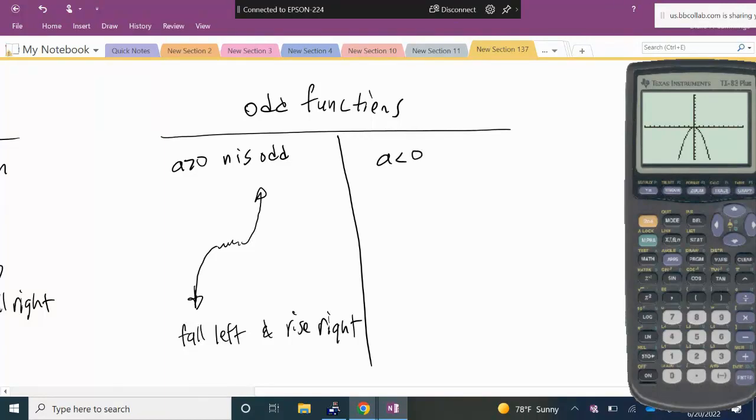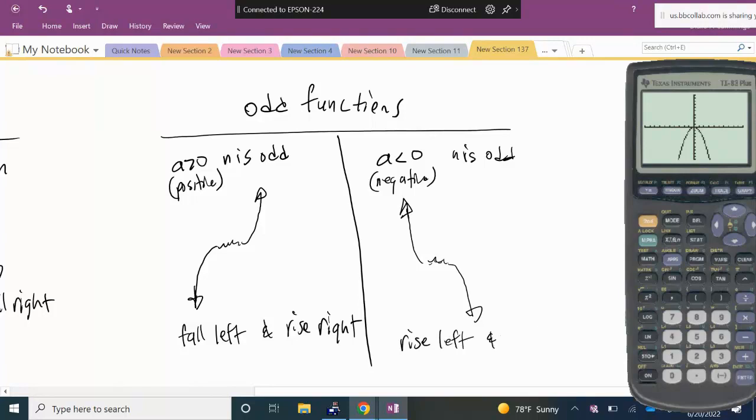And if a is negative, and if n is odd, then it's going to rise to the left and fall to the right.